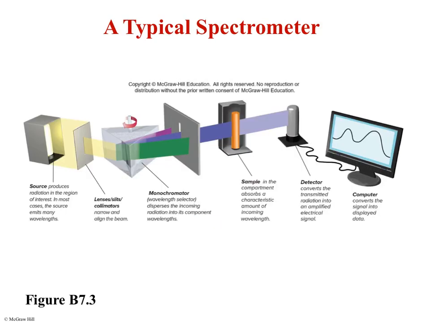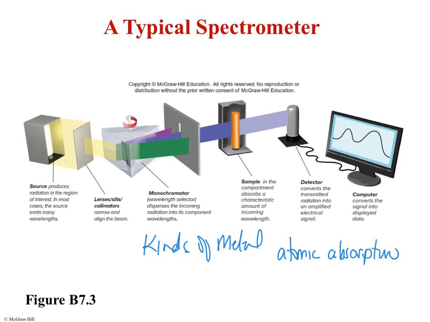This is a spectrometer that can detect what kinds of metals. This is the different kinds of metals. This is atomic absorption spectroscopy. You put your sample in there, you hit it with some light.